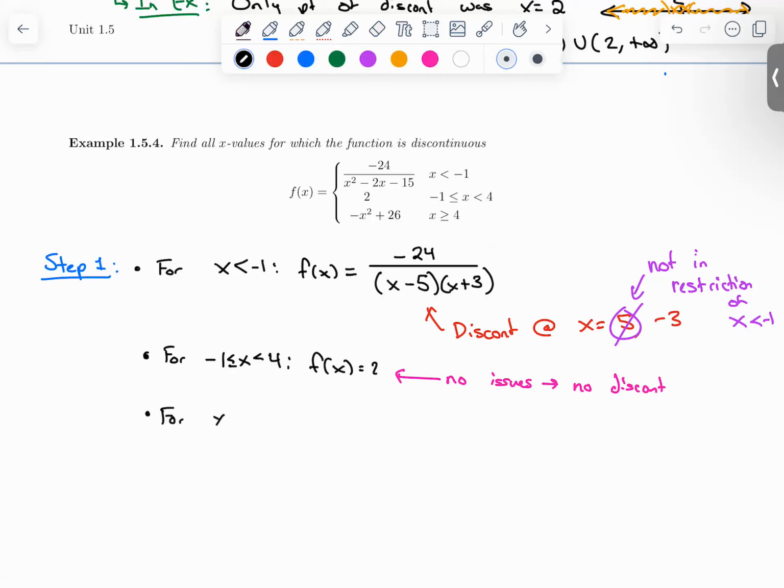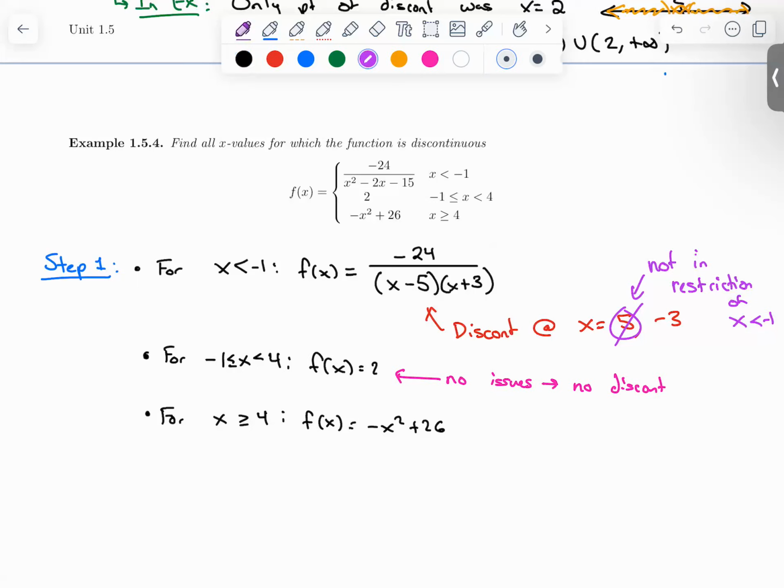For x greater than or equal to 4, our function will be -x squared plus 26. So when our x values are larger than or equal to 4, our function is a downward facing parabola. Parabolas are continuous everywhere because they're second degree polynomials, which means they are definitely continuous on x values greater than or equal to 4.